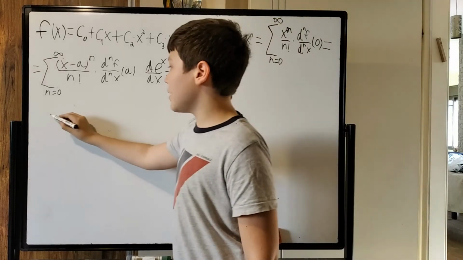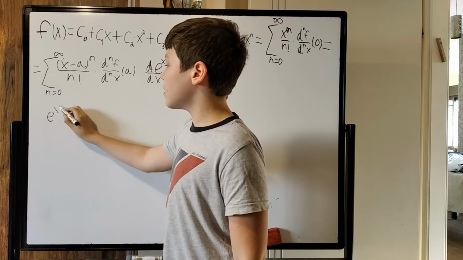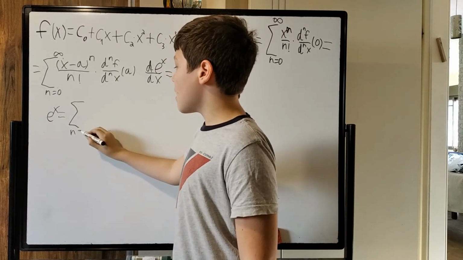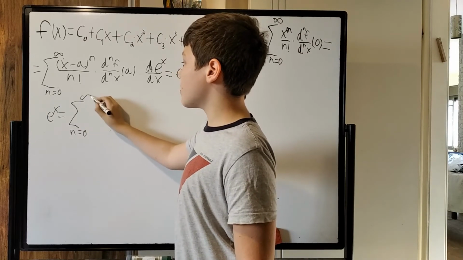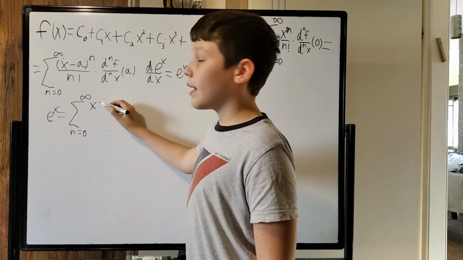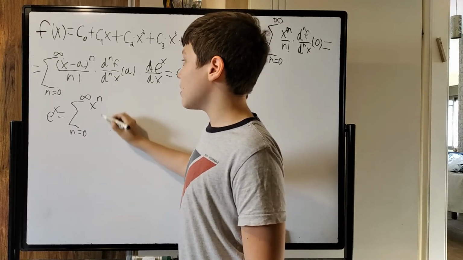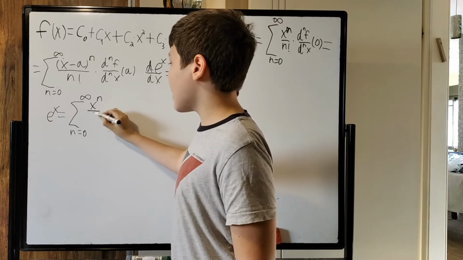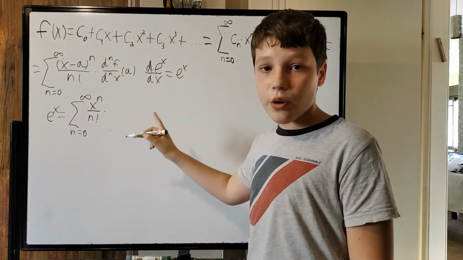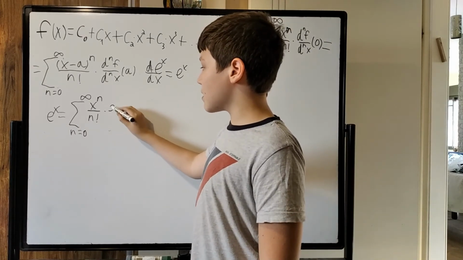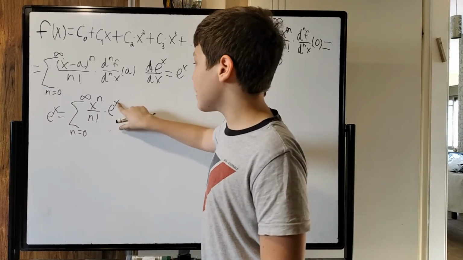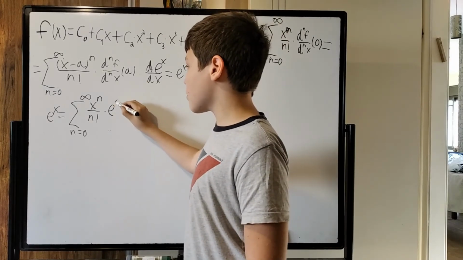Meaning that for e to the x, we're going to have the sum as n goes from 0 to infinity of, using the specific case of a equaling 0, x to the n over n factorial, times the nth derivative, which is e to the x, evaluated at 0, meaning that this x is replaced with 0.